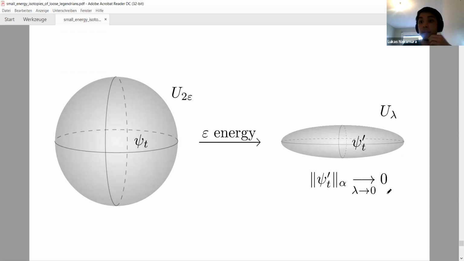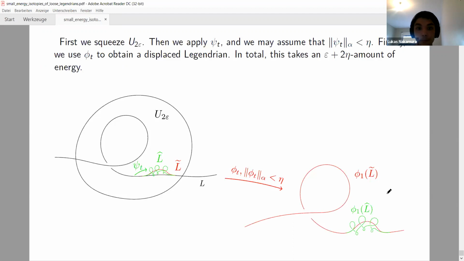So, and again, this follows essentially by writing down explicitly what the squeezing isotopy looks like. Okay, and with these two effects, we can now finish the proof. Namely, what we can now do is squeeze this ball, which we have here, and the squeezing takes an epsilon amount of energy.